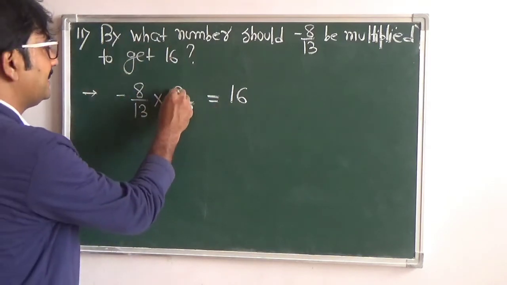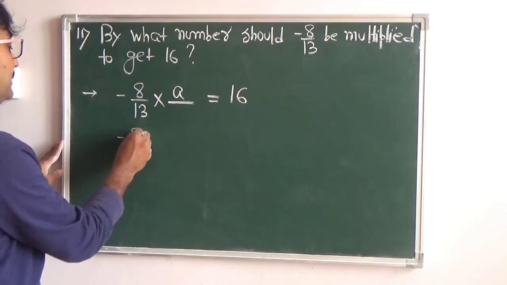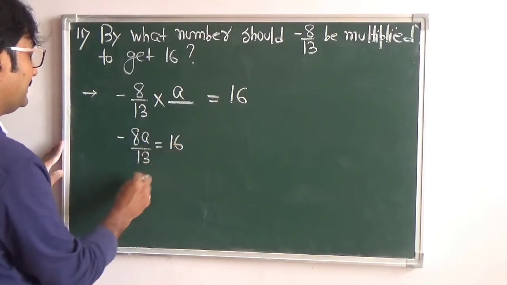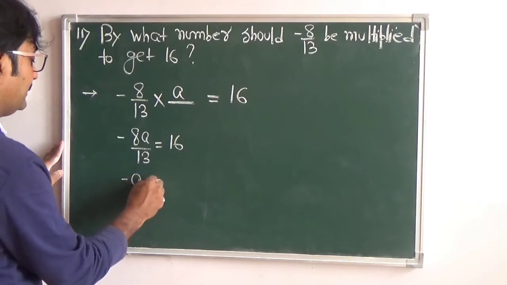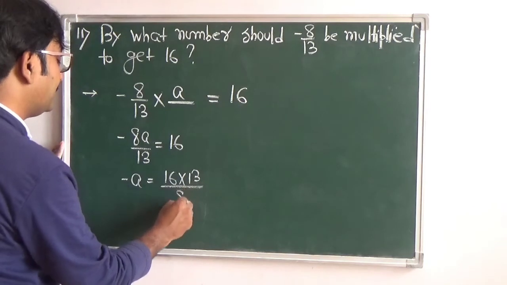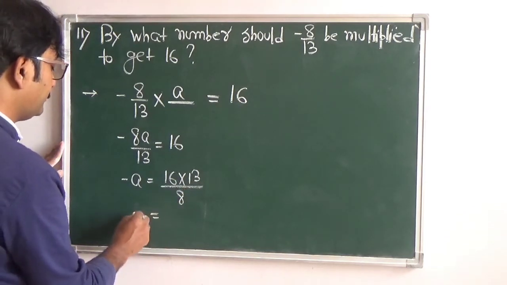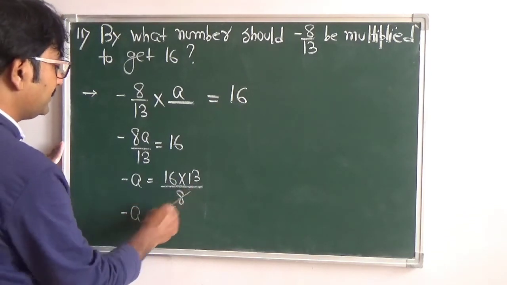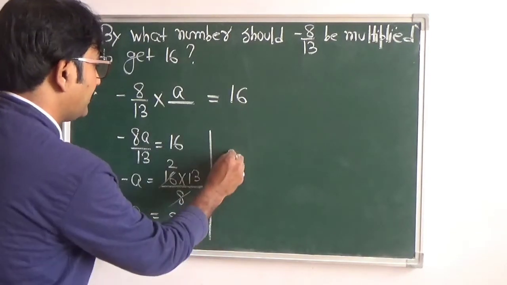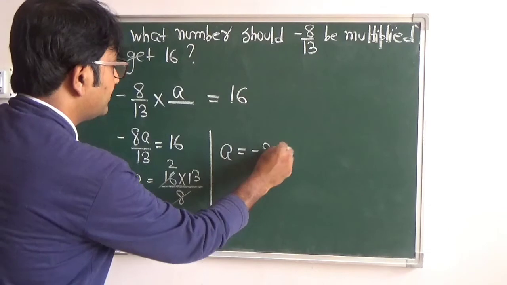If you take it as A, we have minus 8A by 13 equals 16. So we have minus A equals 16 into 13 divided by 8, and that is equal to, so this will be 2, so it is 26.